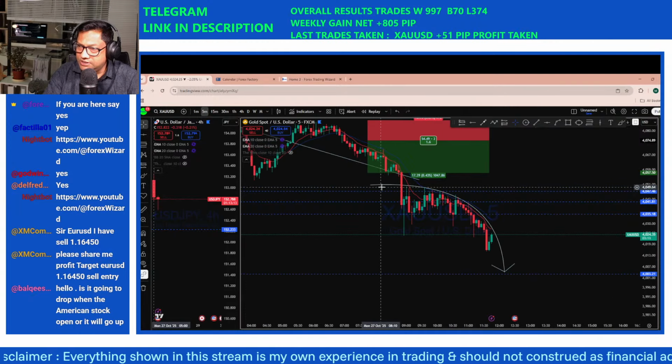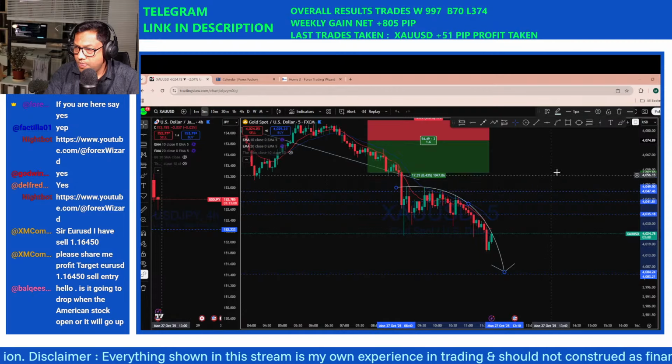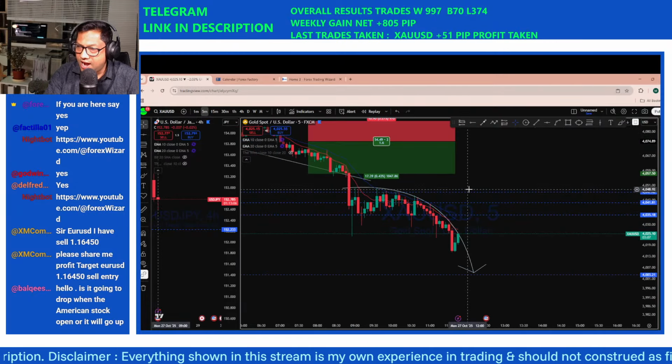This dynamic resistance that you can see on gold could break that high here.